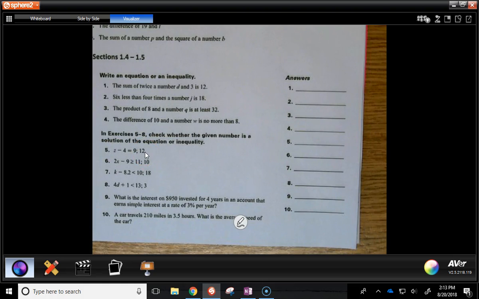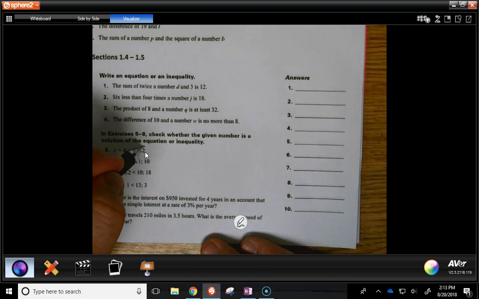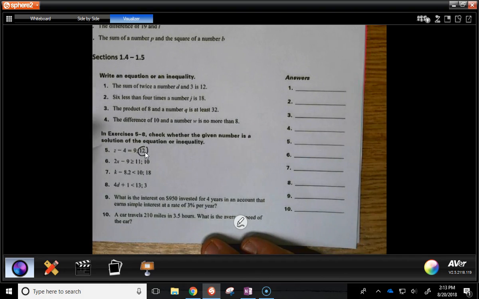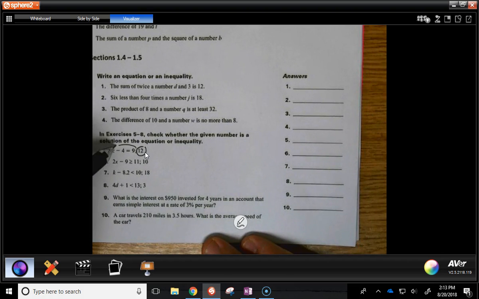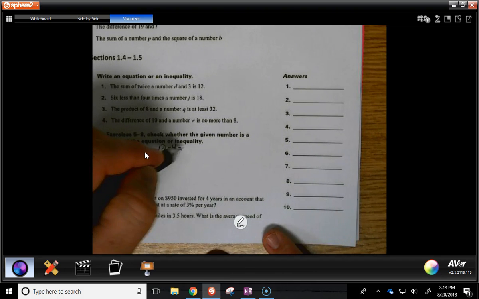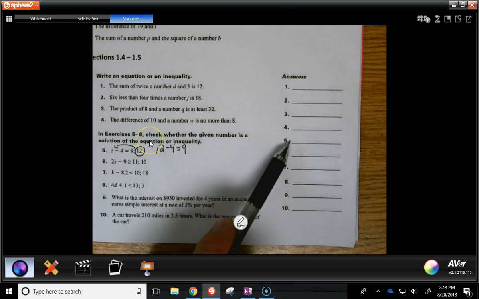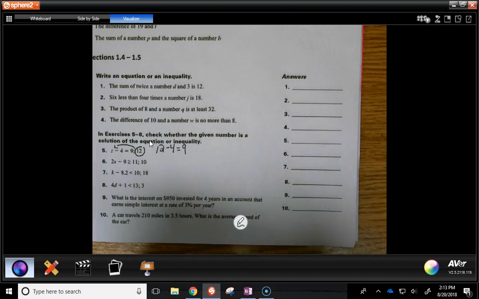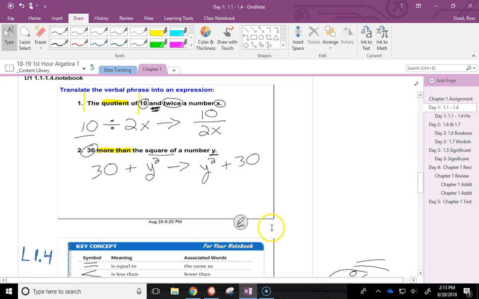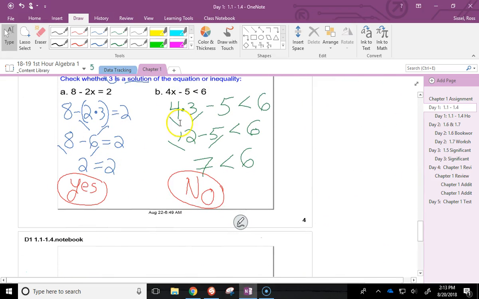It's not very clear, but what the problem is z minus 4 equals 9, and then after the semicolon, this number is what we are substituting in for our variable. So like number 5, you would rewrite as 12 minus 4 equals 9. Go ahead and solve, and your answer for 5 is either going to be yes or no. That is exactly like we just did here, A and B.